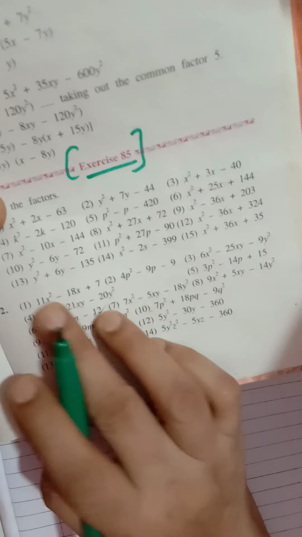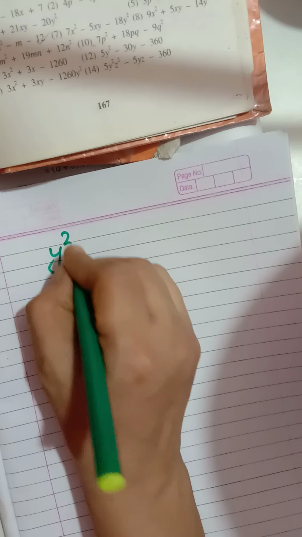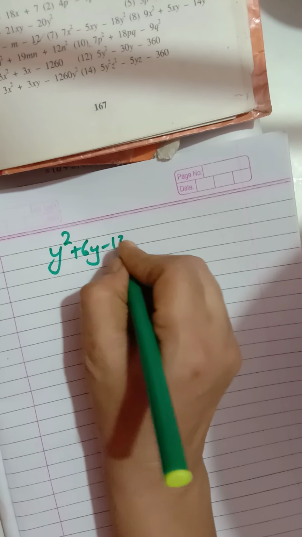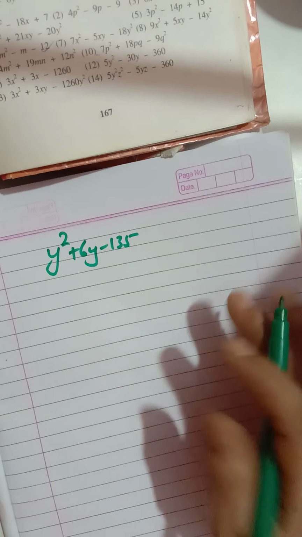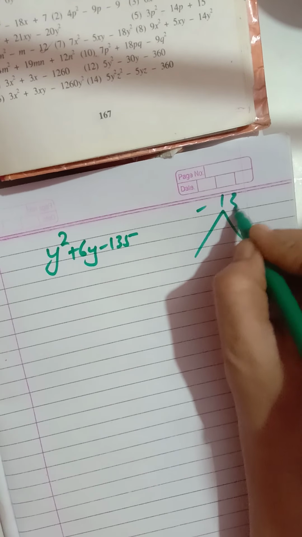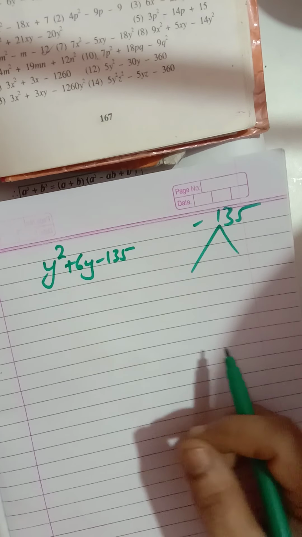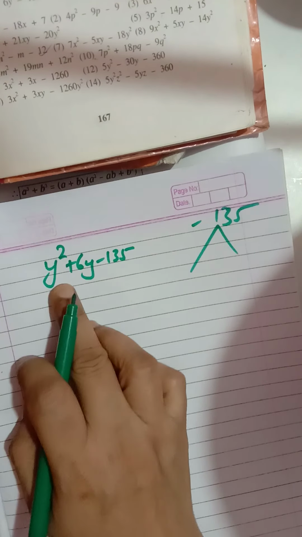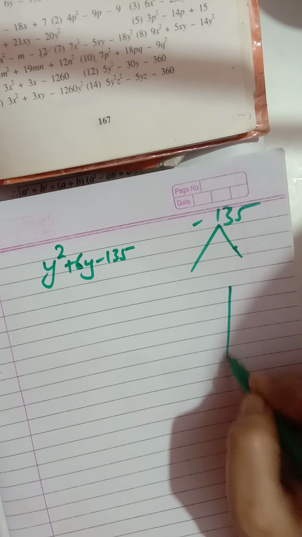Now in case the question is y square plus 6y minus 135, and it is not clicking to you, you know the product is minus 135, which two numbers will I select so that my middle term comes plus 6y? In this case, again the same, you will find the factors of 135.